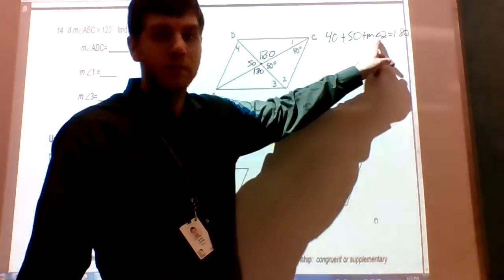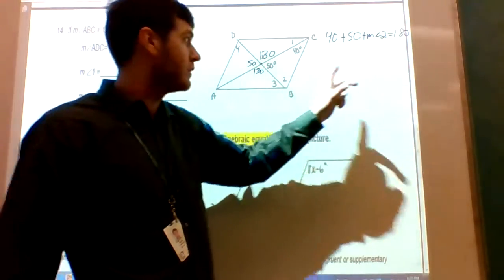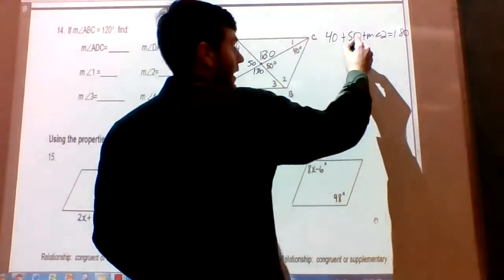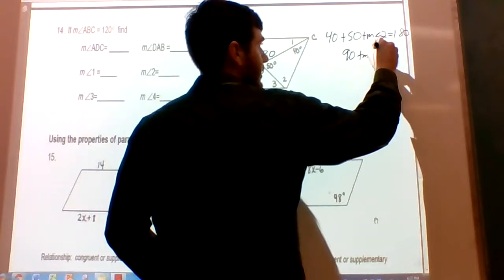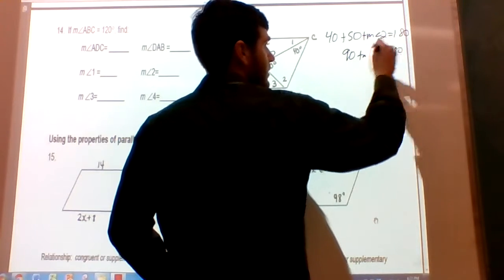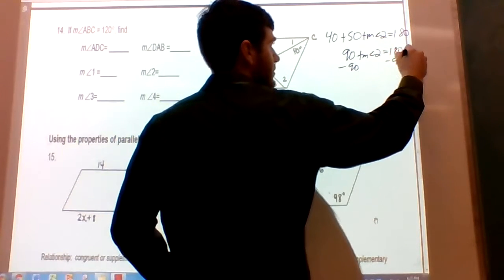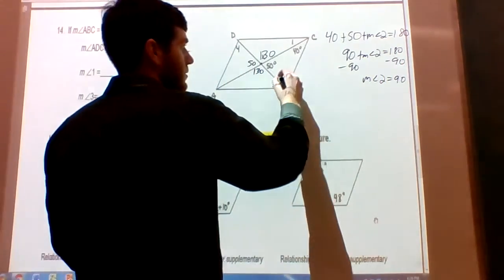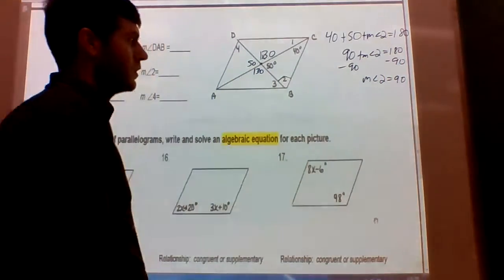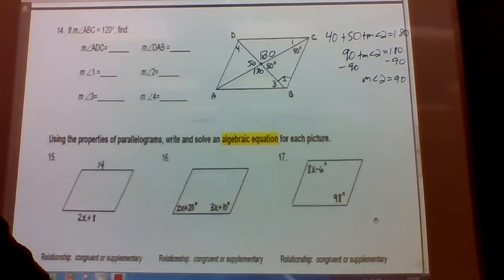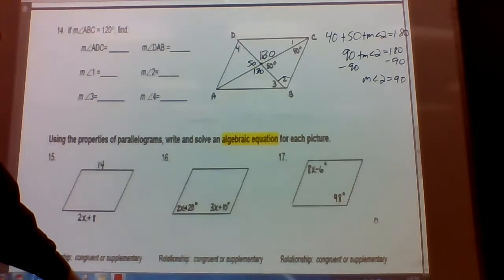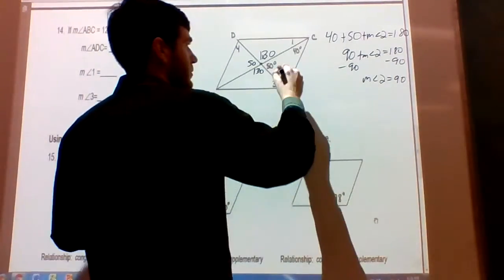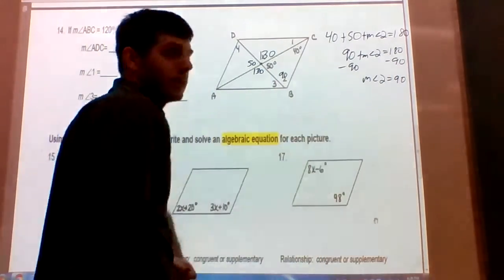So that gives us 90 plus the measure of angle 2 is 180. Subtract 90 from both sides. The measure of angle 2 is going to equal 90 degrees. So this is a right angle. It doesn't really look like it, but it is going to be a right angle. I'm just going to write 90 because that looks a little awkward.